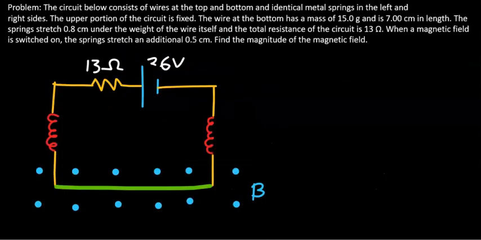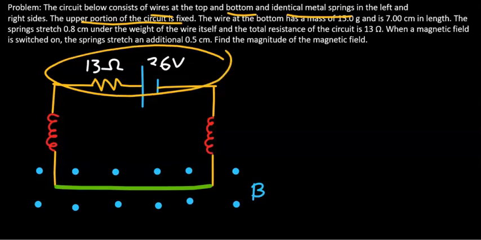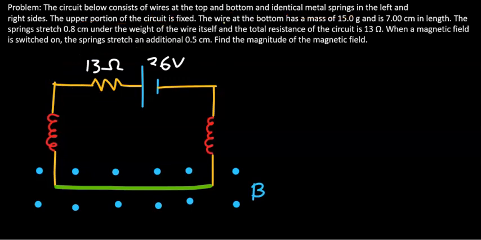Problem 2. The circuit below consists of wires at the top and bottom and identical metal springs in the left and right hand side. So those are metal springs. The upper portion of the circuit is fixed. So that is the upper portion, and that is fixed. The wire at the bottom has a mass of 15 grams and 7 centimeters in length.